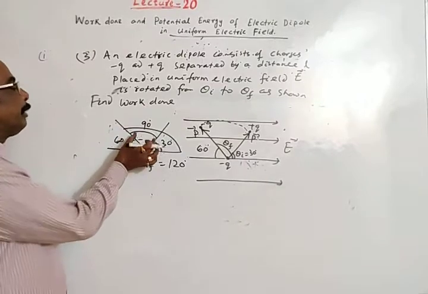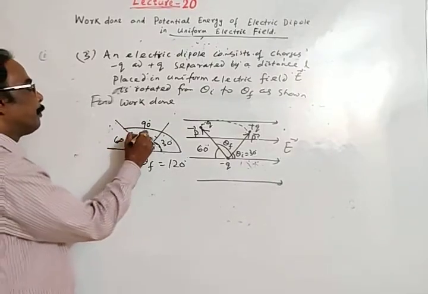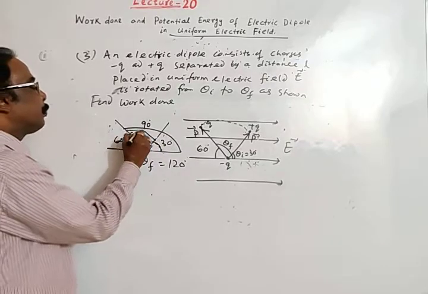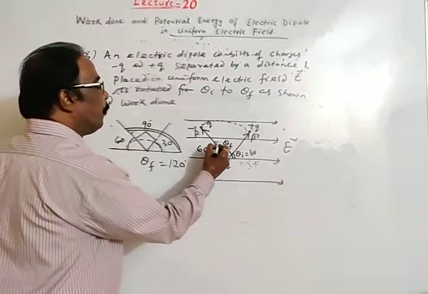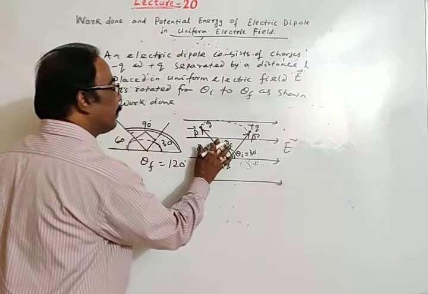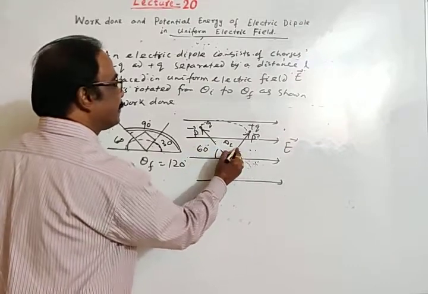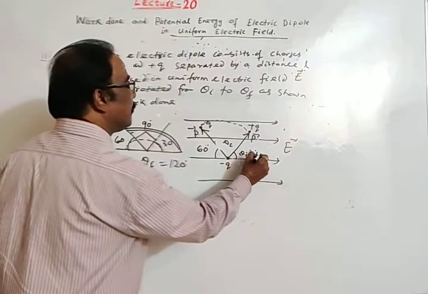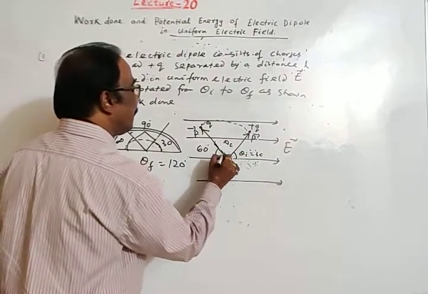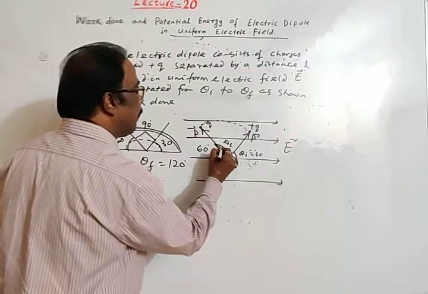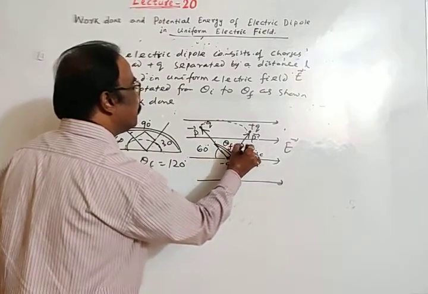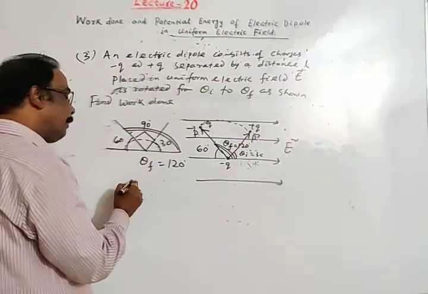This is 60 degree. This is 90 degree. So 30 plus 90, this total angle is 120 degree. Theta initial 30 degree. Okay, this is theta final, this is 120 degree. Now it is easier.